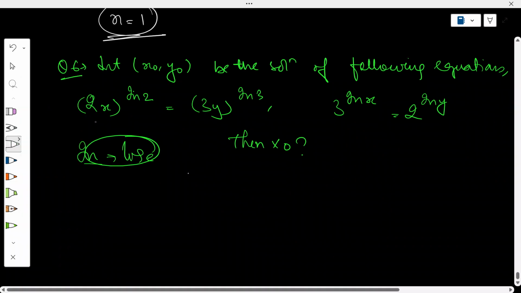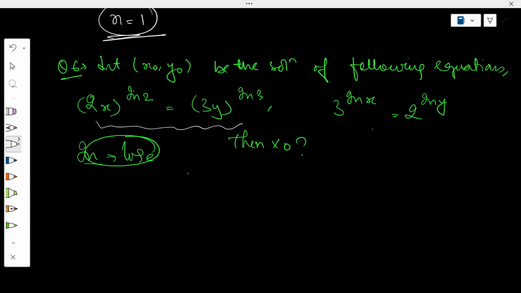Basically, we can solve the first equation and the second one, and try to eliminate y as a variable. Then we can get the value of x. Since x0 is the solution, we can replace x by x0.